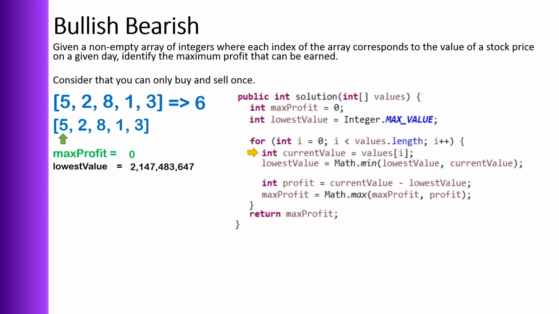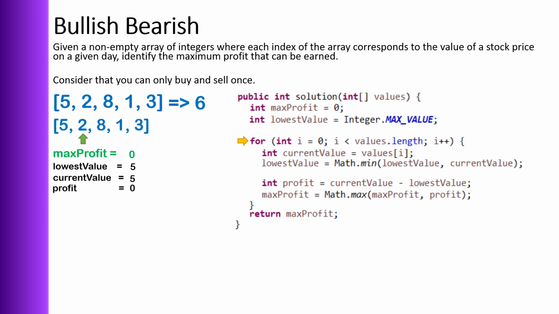So the current value would be equal to values[i]. So current value is 5. And then lowest value would be changed since 5 is lower than the current value of lowest value. That's kind of confusing. Anyway, and then that would be 5. Now, we will declare int profit, which is equal to current value minus the lowest value, and then compare it with the max profit.